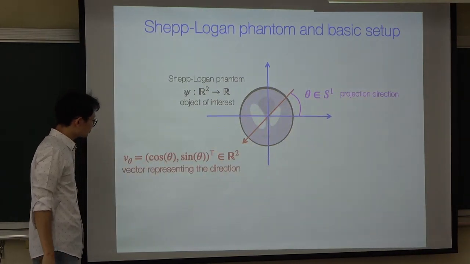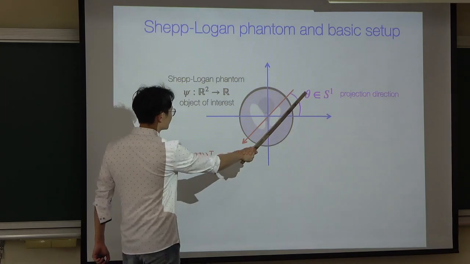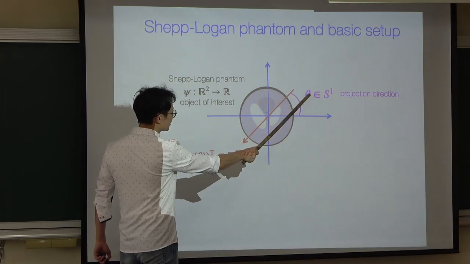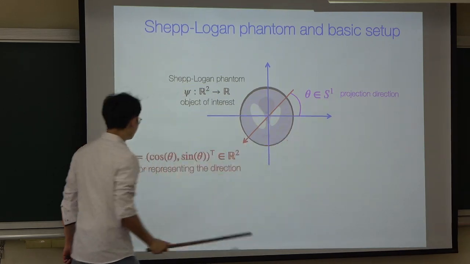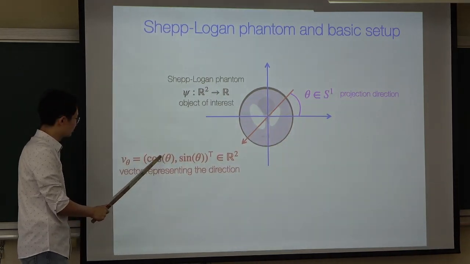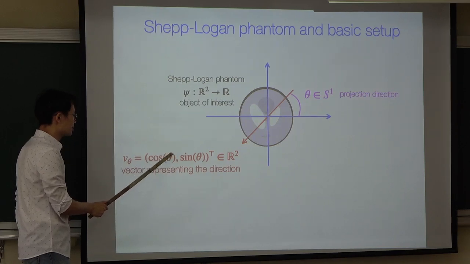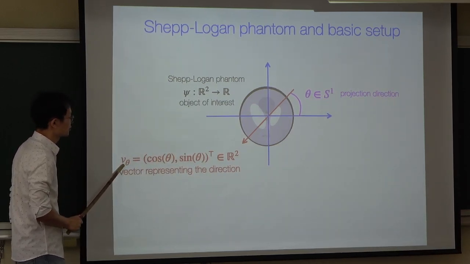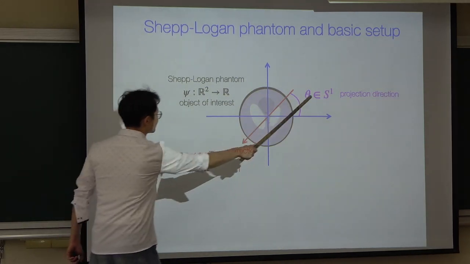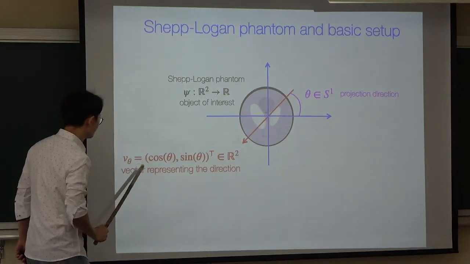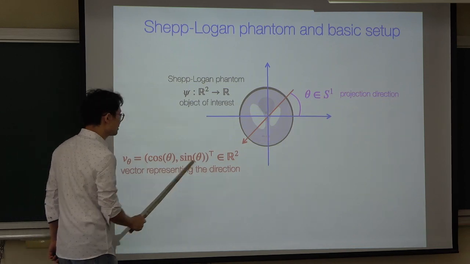Just be careful: sometimes we abuse the notation. Theta in S1 just means it's an angle, but sometimes we put theta inside cosine, and then this is really an angle and this is a direction. Technically, it's the same. Anyway, this is theta in S1, a projection direction, which is a vector representing the direction.